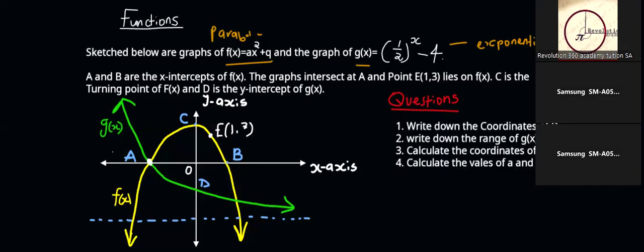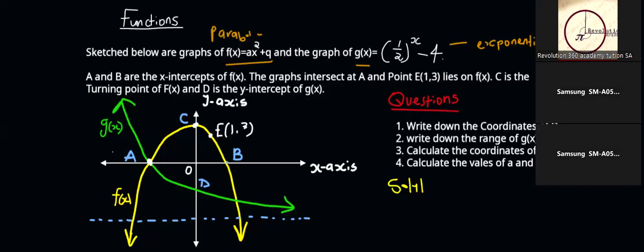They're saying write down the coordinates of D. Now we are dealing with solutions. So these are our solutions. For you to be able to write down the solutions, you must locate the point D. Can you see that D is right here?